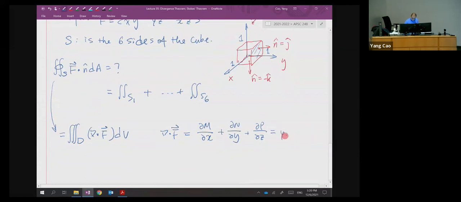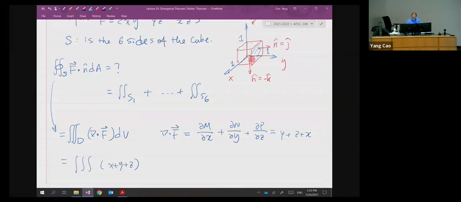So you get y plus z plus x. The result is y plus z plus x. So now I'm going to plug it into this triple integral out here. So x plus y plus z, dV, and this now falls down to a very typical standard triple integral question.